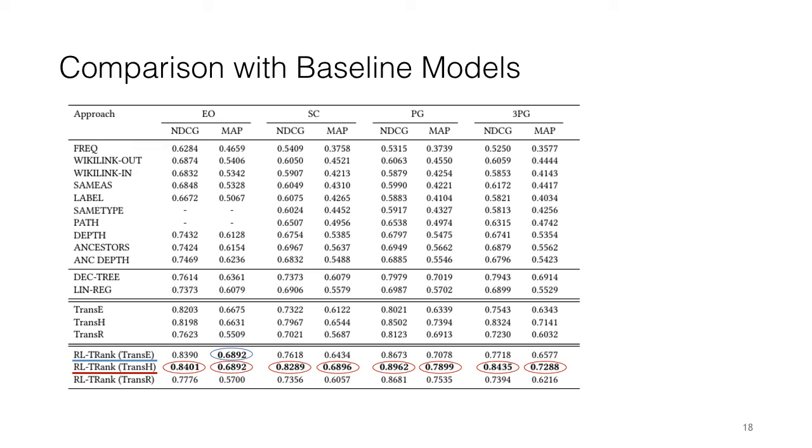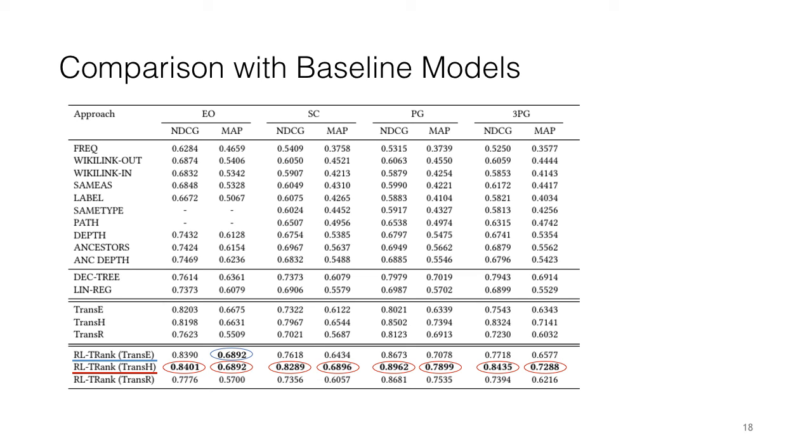In the EO dataset, RLT rank with TransE achieves the best performance in the MAP metric.